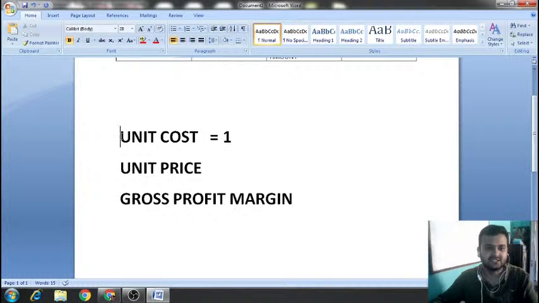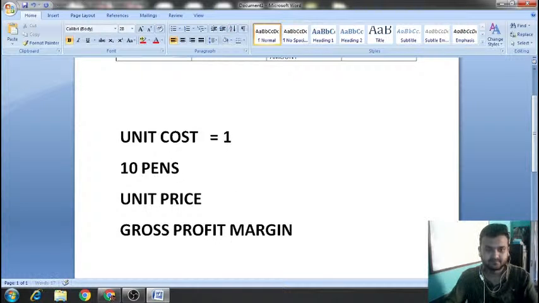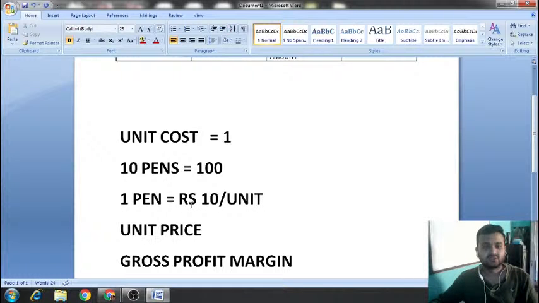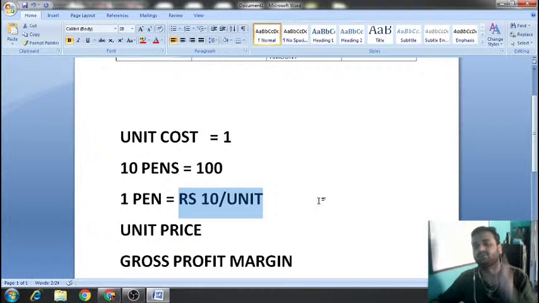For example, if 10 pens are costing you rupees 100, then the cost of one pen will be 100 divided by 10, that is rupees 10. So this rupees 10 per unit is actually your unit cost, which means the cost of one unit of a product.